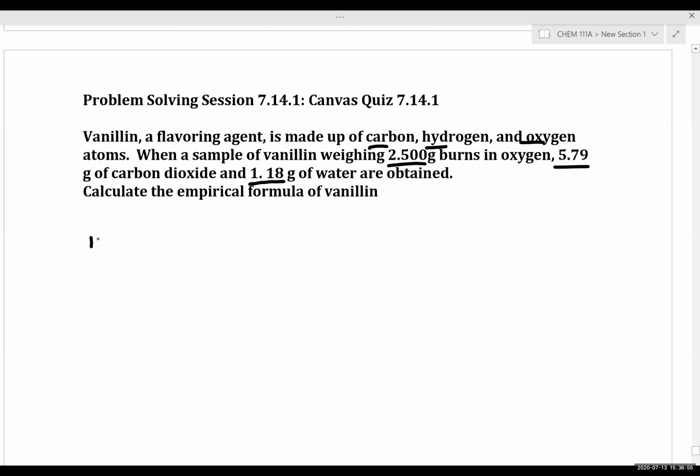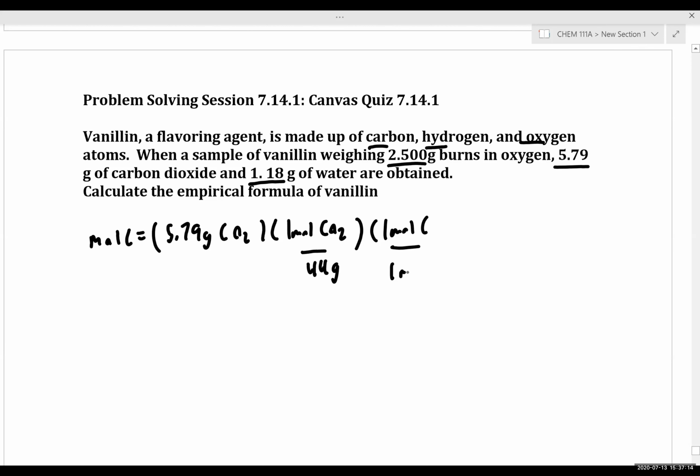So to calculate the moles of carbon, we have 5.79 grams of carbon dioxide. We know we have 1 mole of carbon dioxide per every 44 grams. And we know we have 1 mole of carbon for every 1 mole of carbon dioxide. And that in turn gives us 0.129 moles of carbon.